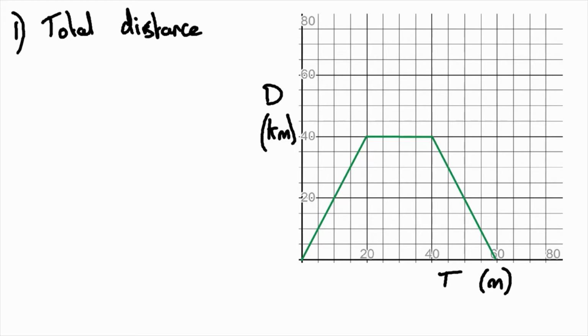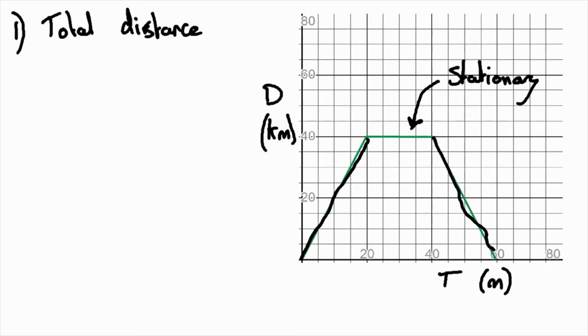So with our total distance, we're going to be looking at the distance it travelled in this first part of the graph, and then we have to add on the distance travelled in the second part of the graph. Remember, when the line is flat, horizontal like this, it means the object was stationary.